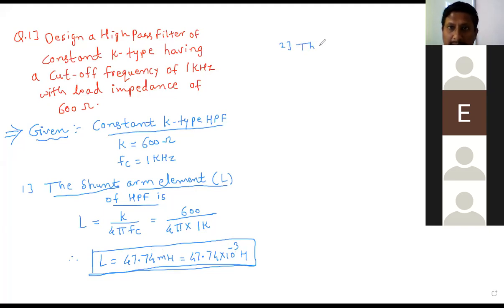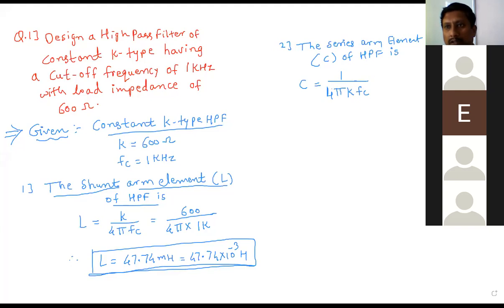So the second one, the series arm element, C of the high pass filter, is C is equal to 1 upon what? 4 pi K into FC.